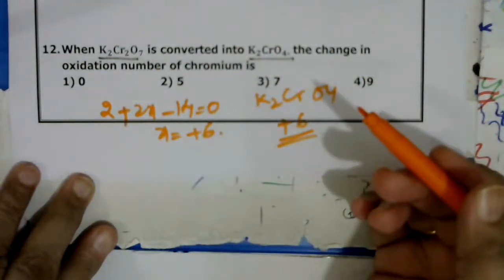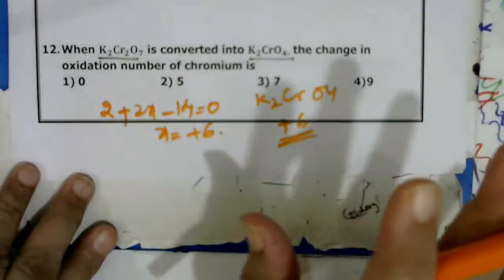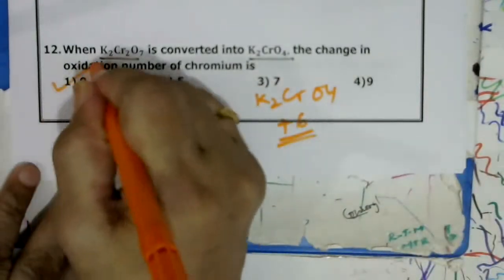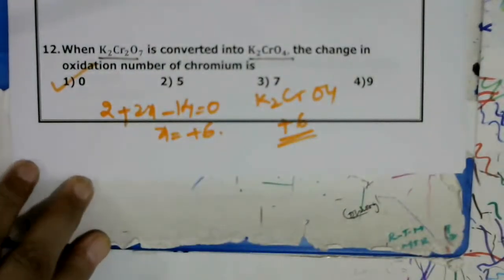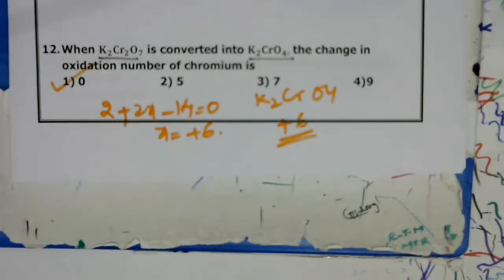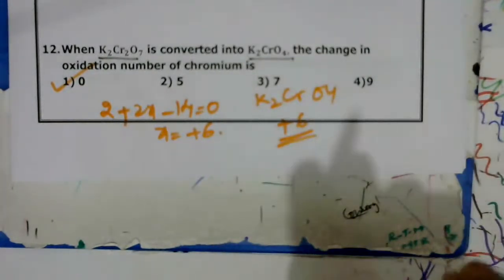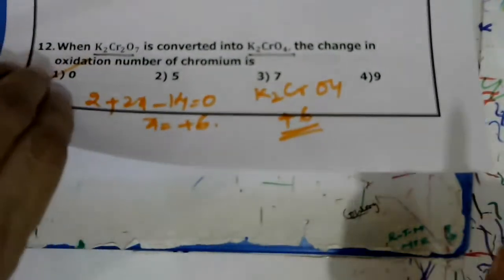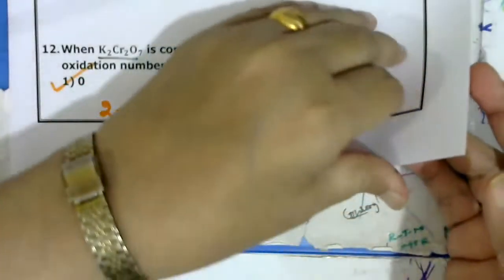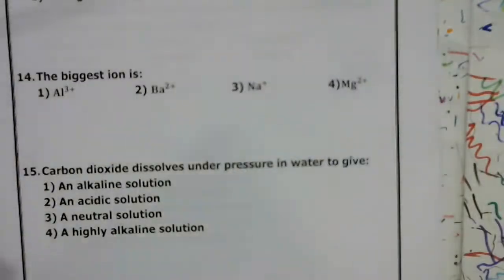No change is nothing but what? No loss, no gain of electron. So therefore, answer is 0. Do you remember one conclusion we made in the redox reaction topic, that all reactions cannot be redox? Listen to my sentence carefully. All reactions cannot be redox. That means few reactions are redox, where simultaneous oxidation and reduction takes place, and few reactions are not redox.